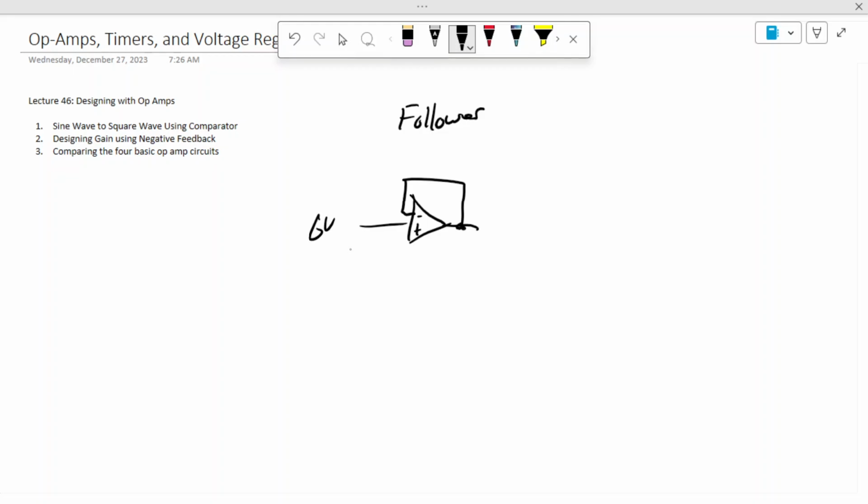Whatever this input is, the output will deliberately try to balance it out, so it'll output 6 volts to balance it out. And if I change that to 7, it will update accordingly. That's useful for interfacing, and for going from a low current amplifier stage to one that's higher current, where you would potentially want a voltage follower.